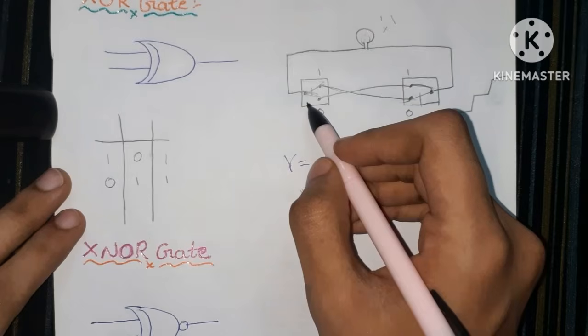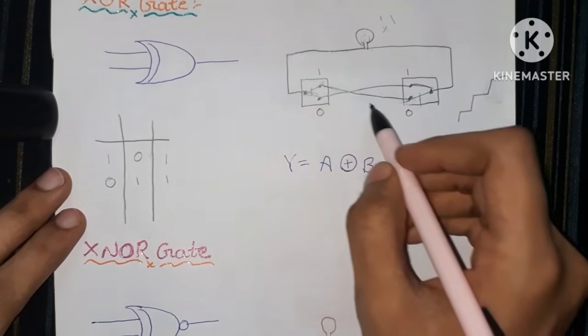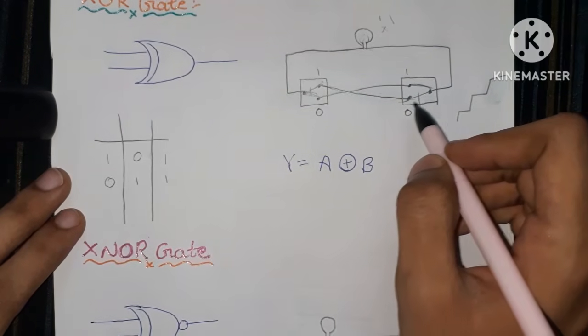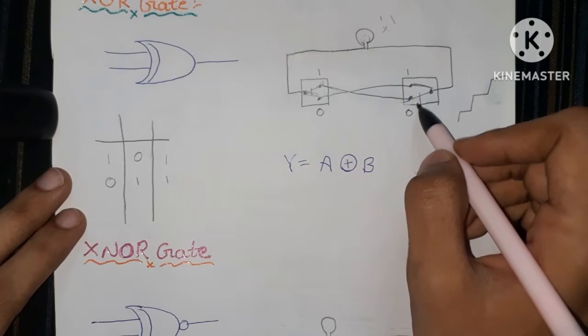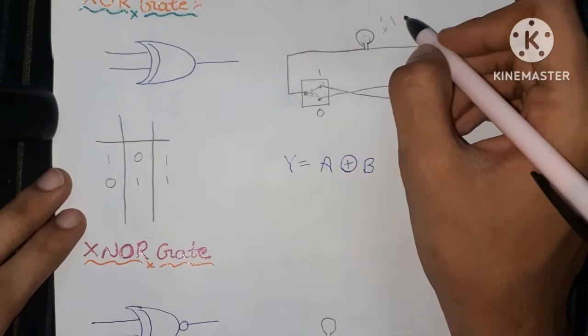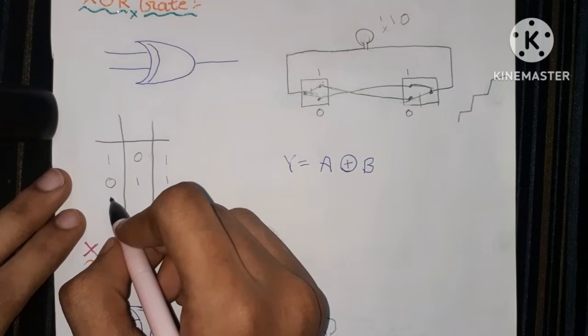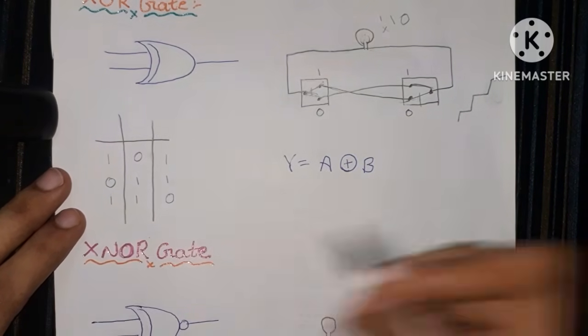If I connected with this 1, and I have connected with this also 1, will the current flow? No, definitely not, because here the circuit will be open. So the bulb will not glow, so we will take it as 0. If it is 1 and 1, then it is 0.